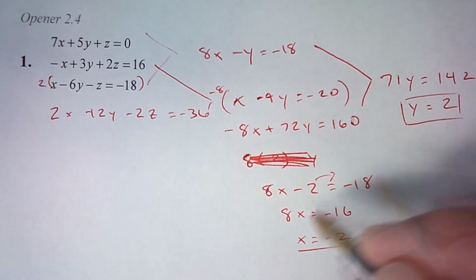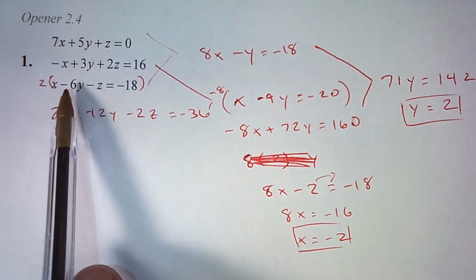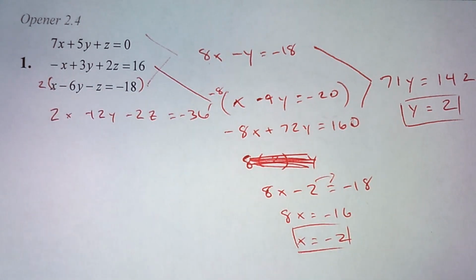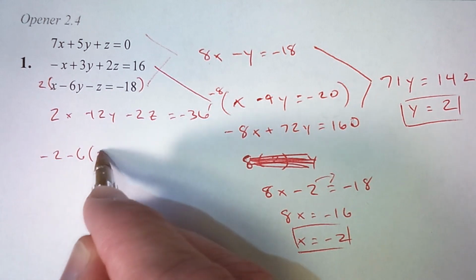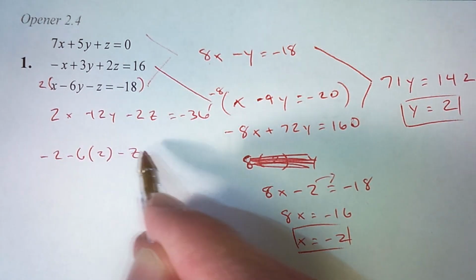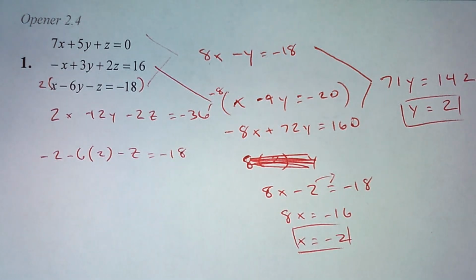Okay, so I've got a value of y, I've got a value of x. Now for a value of z, it looks like maybe the bottom equation here would be the easiest. So I've got negative 2 minus 6 times 2 minus z equals negative 18.